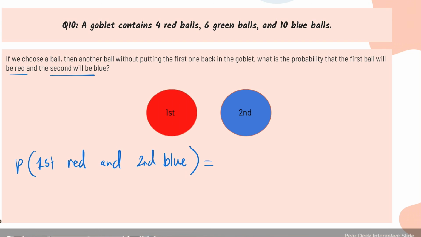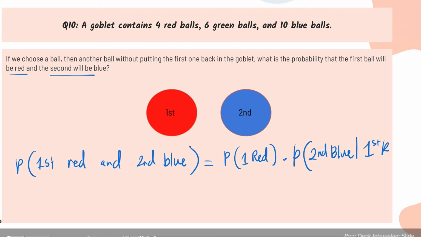First I'm going to try to pick a red, so I've got to figure out what's the probability of picking a red. And then I'm going to multiply that by the probability of picking a second ball to be blue, given that my first ball was red.